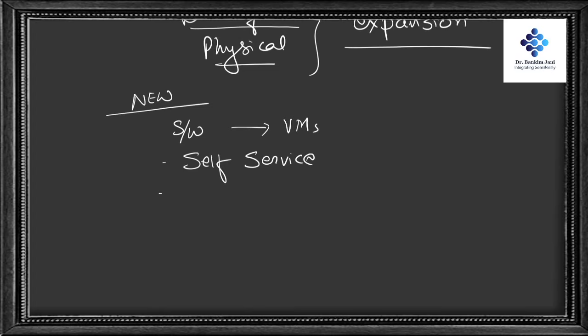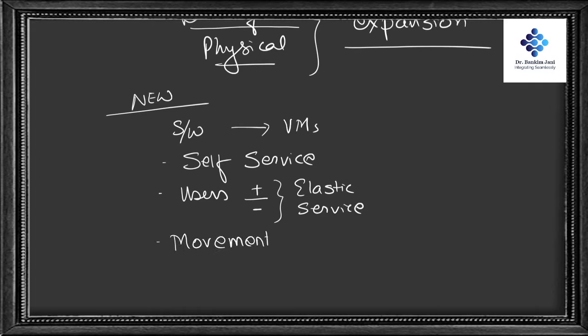And not only that, users should be able to add or remove any of the services, which they called an elastic service. Not only that, there should be the possibility of movement of virtual machines, and all these things should be happening as per the will of the user. Now this was so good.